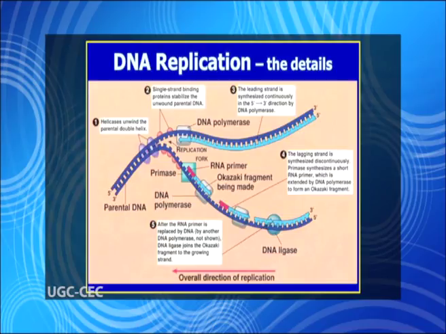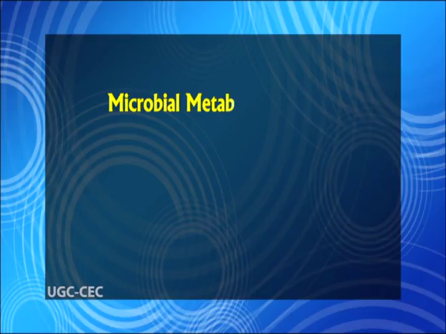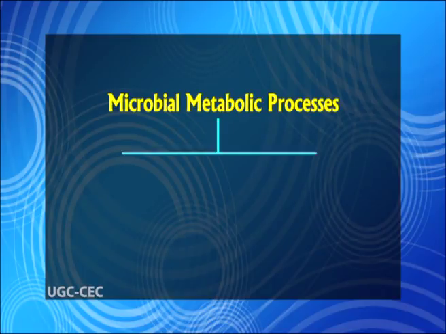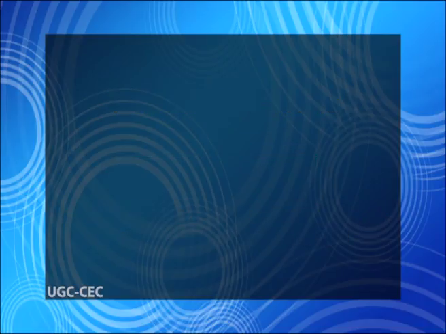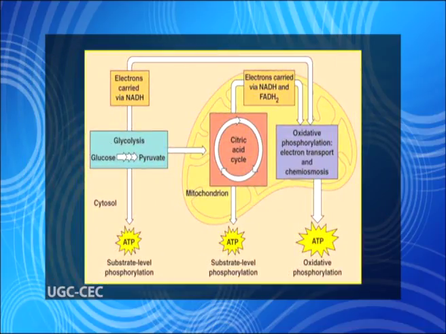allied metabolic processes. Microbial metabolic processes can be divided into two types: one, universal metabolic processes, another, secondary metabolic processes. So far as universal metabolic processes are concerned, they include respiration. It represents the key of life as it occurs in all microbes.